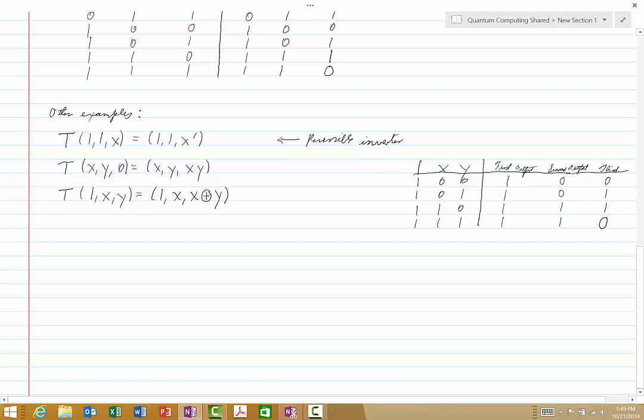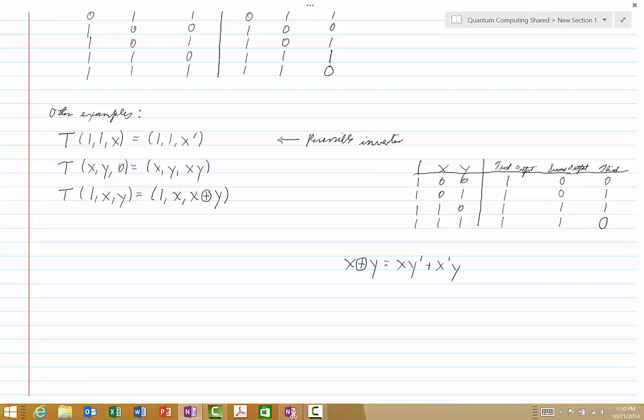And for those of you who perhaps are not familiar with the exclusive OR function, it is defined in this way. That is equal to X Y prime or X prime Y. And its fact is summarized in the following simple way.